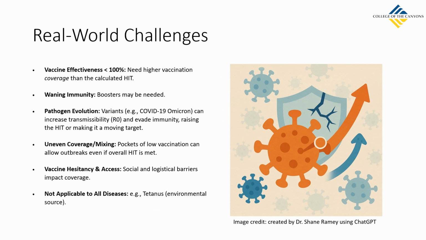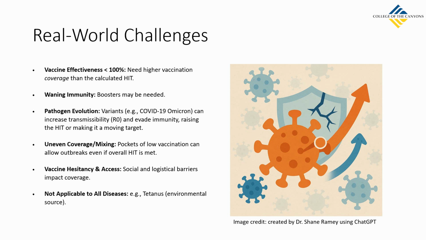Okay, so there are real world challenges when it comes to achieving these herd immunity thresholds. And is a vaccine available? If so, what's the effectiveness of a vaccine? The lower the effectiveness, the higher the vaccination coverage we would need. And immunity doesn't necessarily last forever. We may need booster shots or different versions of the vaccine because of different versions of the virus, as we see with annual flu vaccines that have different formulas, and so far we've seen newer versions of the COVID-19 vaccine as well.